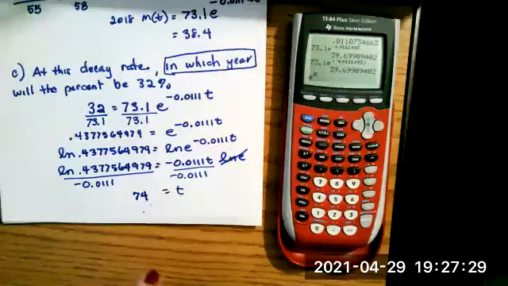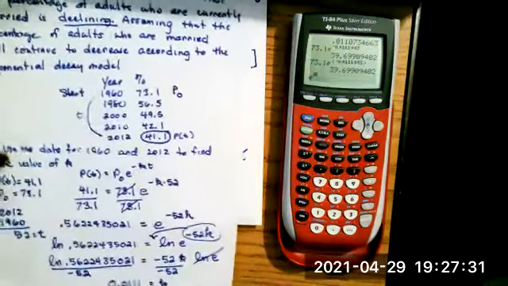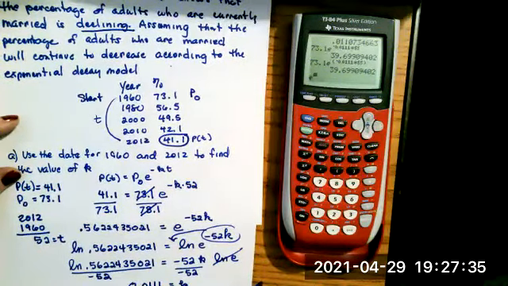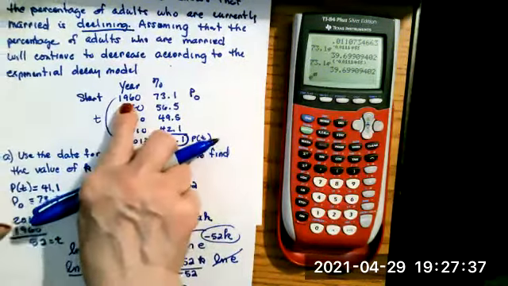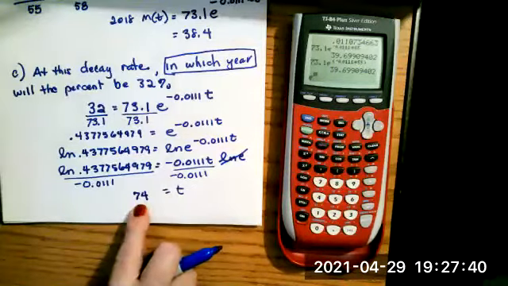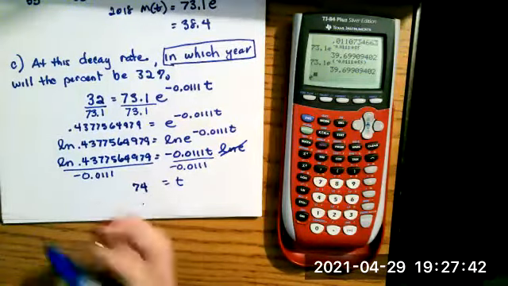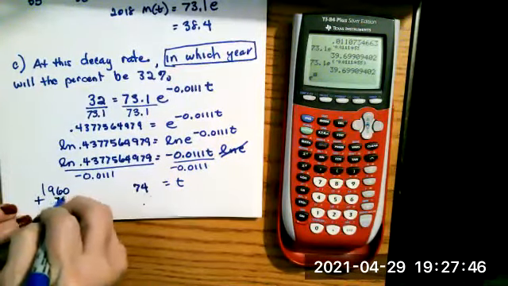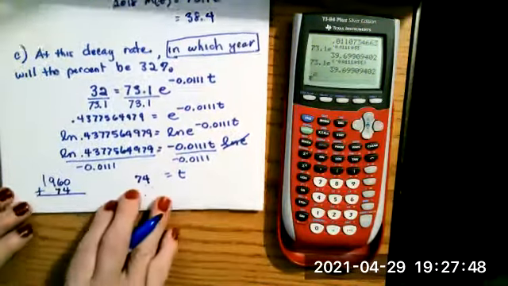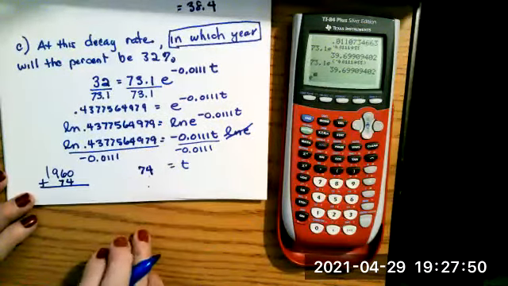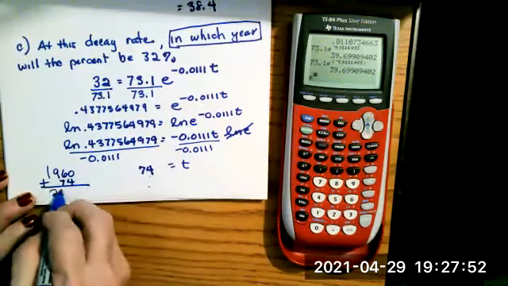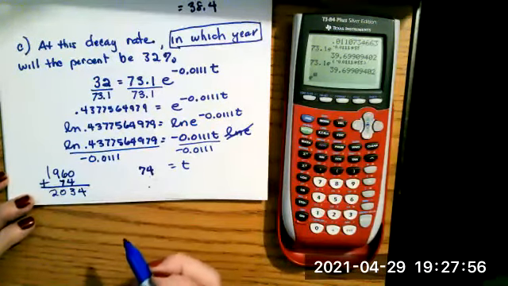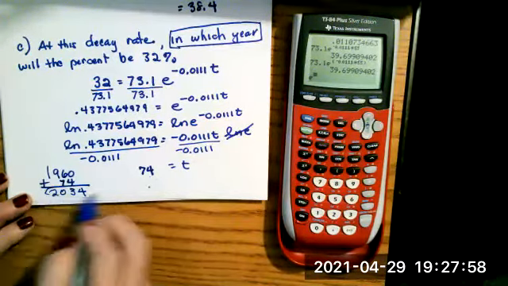What was our initial year where we started all this? 1960. So 74 years later from 1960 is when this is going to happen. What year is that? 2034 is when that's going to happen.